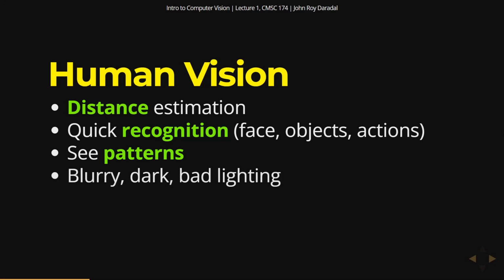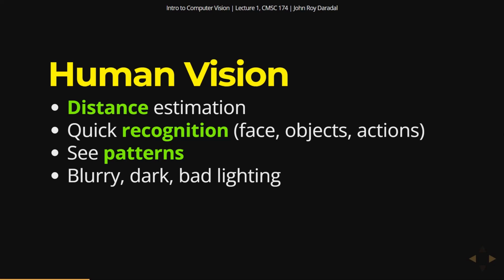And the human vision can even work with bad settings, right? So even if it's blurry, or if it's dark, or you have bad lighting, the human vision can still somehow function. Okay, so even if, for example, it's foggy, or if you're wearing glasses and you can't see, maybe you can't recognize the face, but you can recognize that there is a person standing there, right?